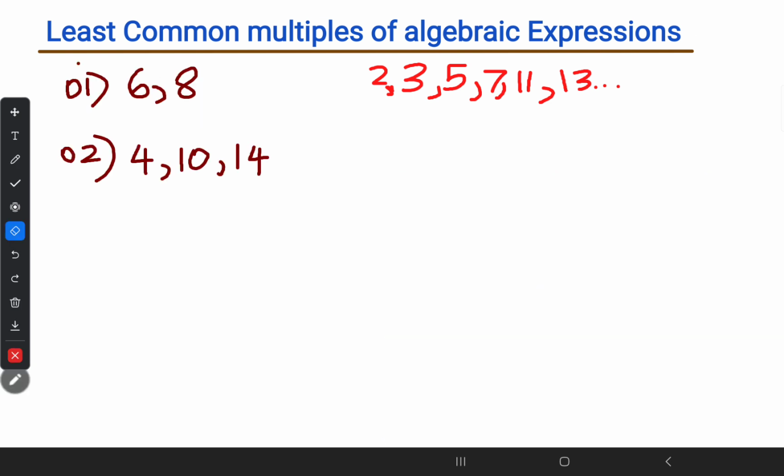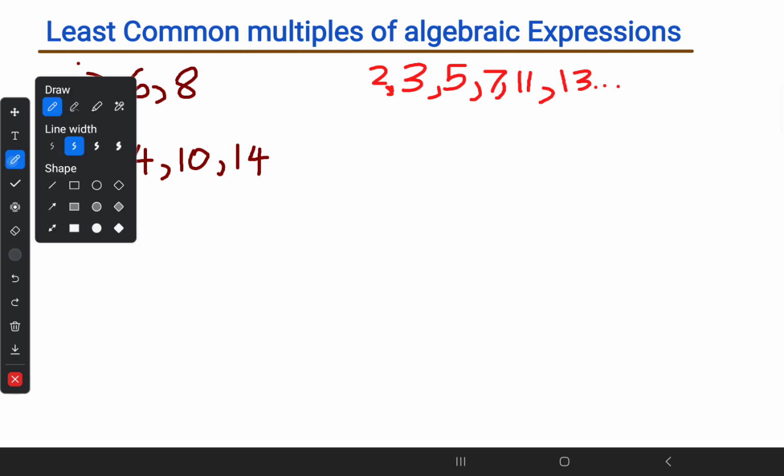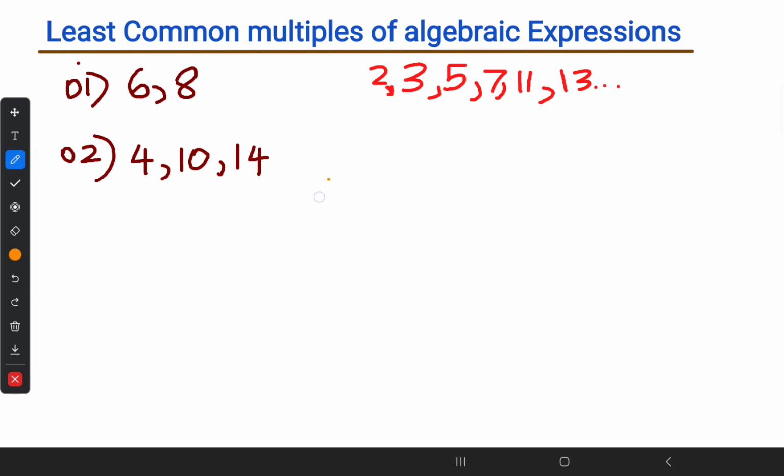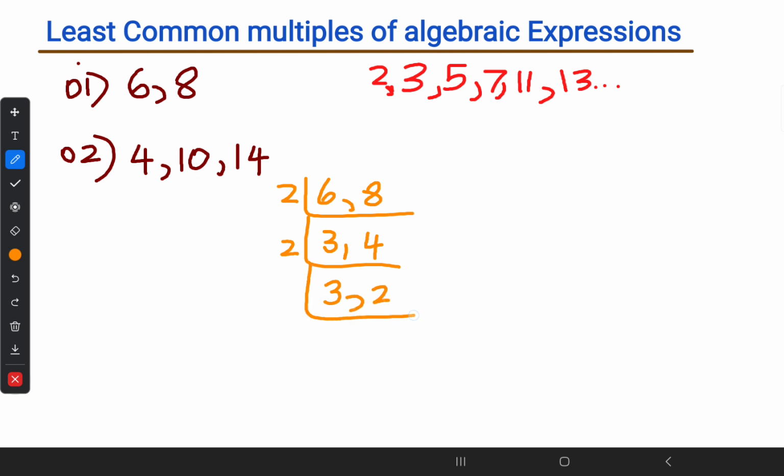So here there are two questions. For the first question, 6 and 8, I will simplify. First of all, we can divide these by 2, so 3 and 4. Again we can divide by 2, giving 3 and 2. Again you should divide by 2. Sometimes you will have some doubts: why can't we divide directly by 4 or 8?